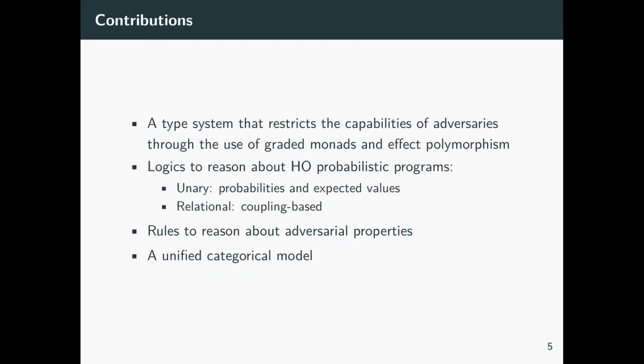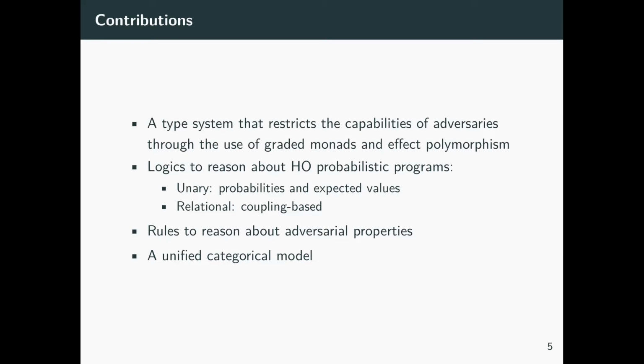Our solution involves the following contributions. We begin by introducing a type system based on a graded state monad and effect polymorphism that is used to restrict the capabilities of adversaries. Then we develop unary and relational logics to reason about programs in the language. The unary logics support reasoning about both quantitative and qualitative properties.